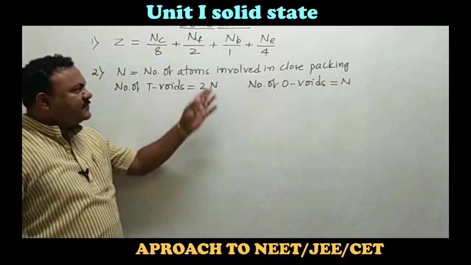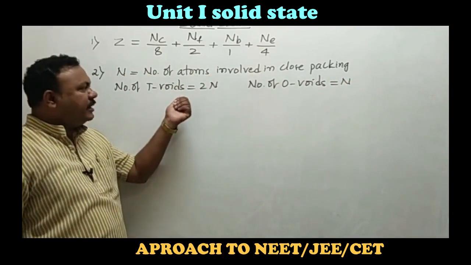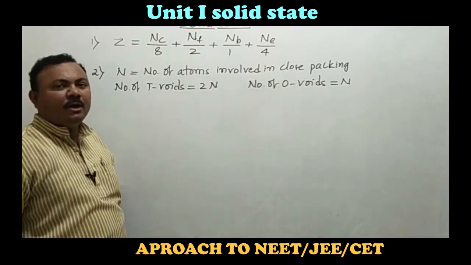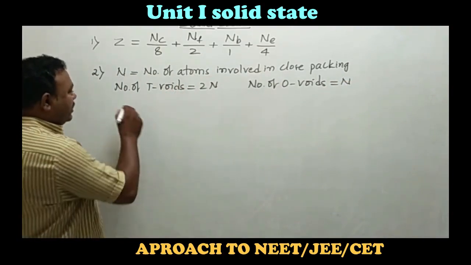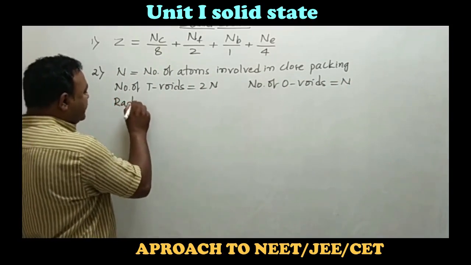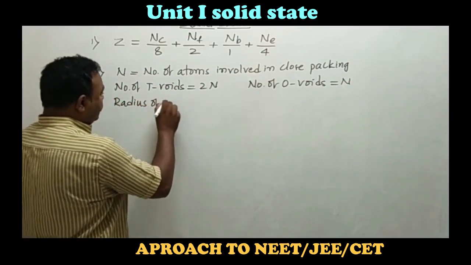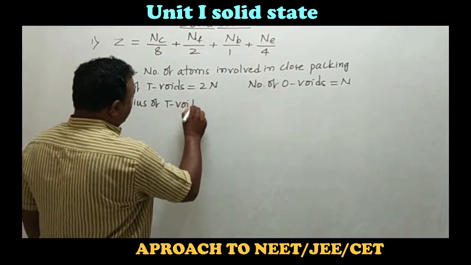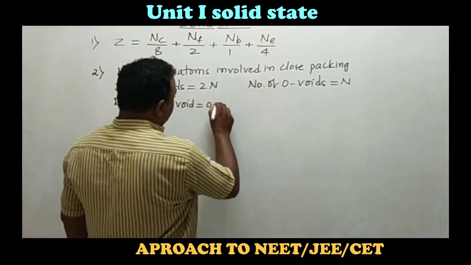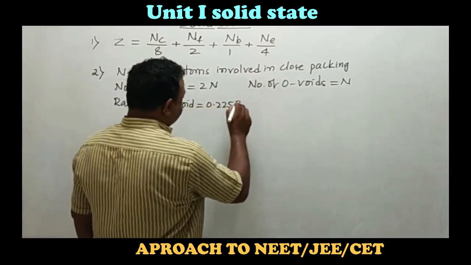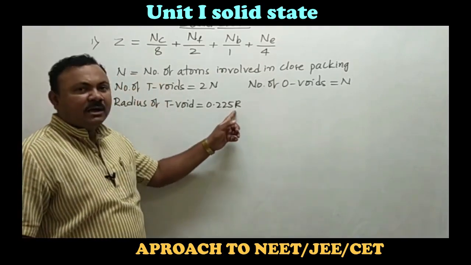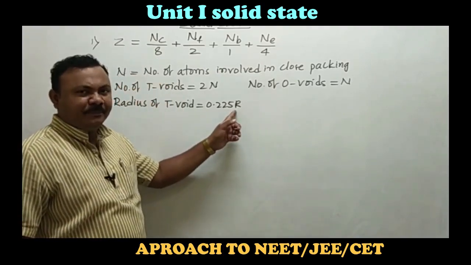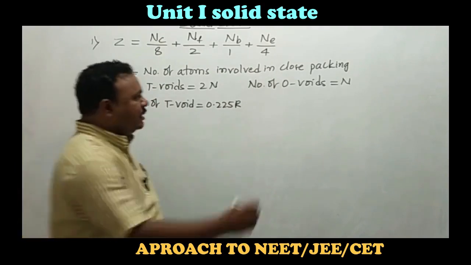Based on the number of atoms involved in the close packing, we can predict number of tetrahedral voids and number of octahedral voids. Radius of tetrahedral void is equal to 0.225 times of R, where R corresponds to radius of the atom involved in the close packing.